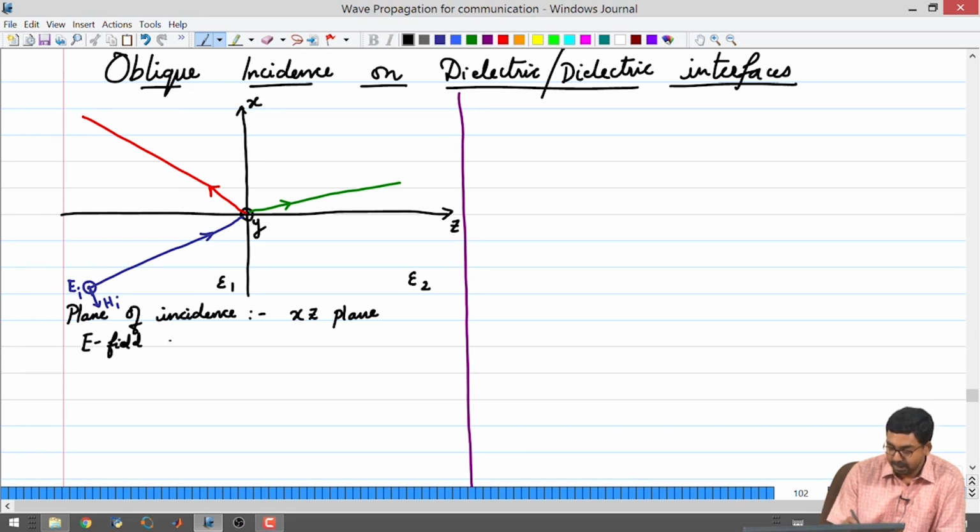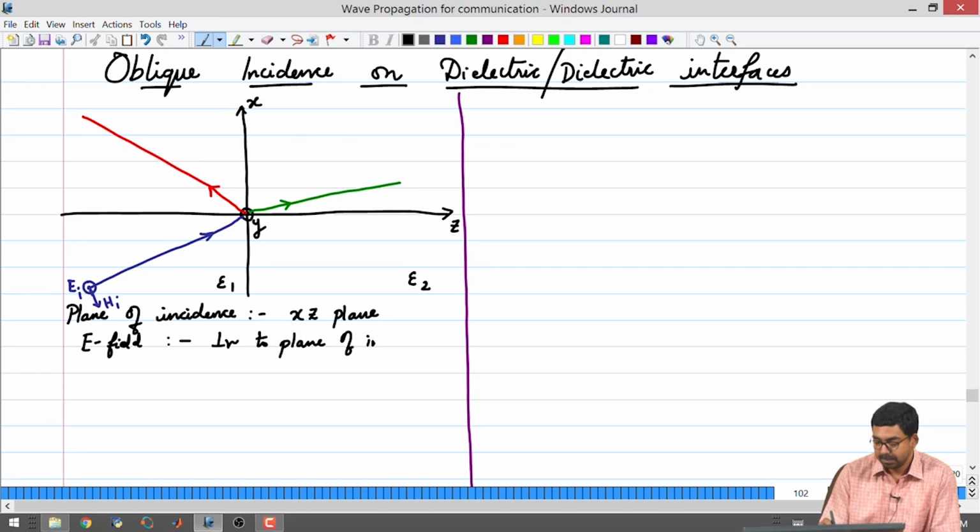E field here has only y component, okay. It is perpendicular to the plane of incidence and such a configuration we call this as perpendicular polarization.